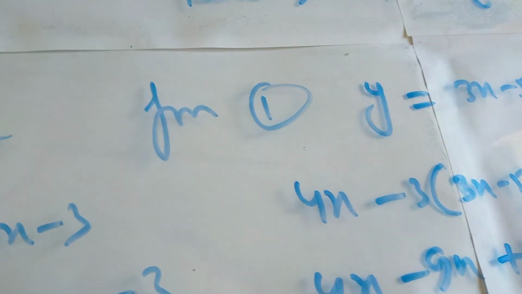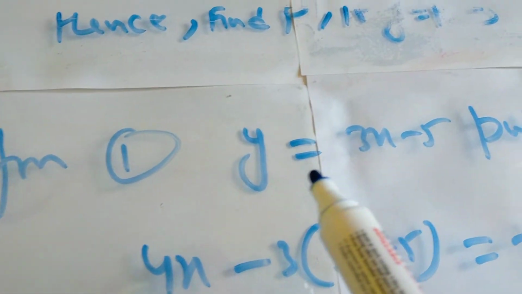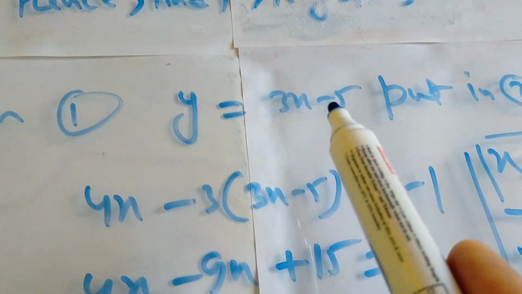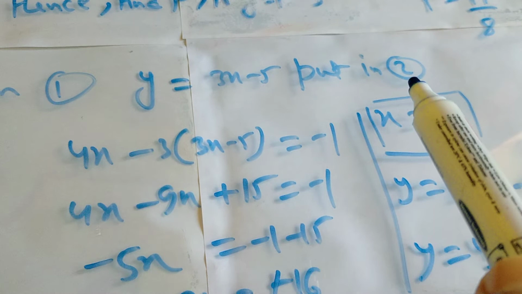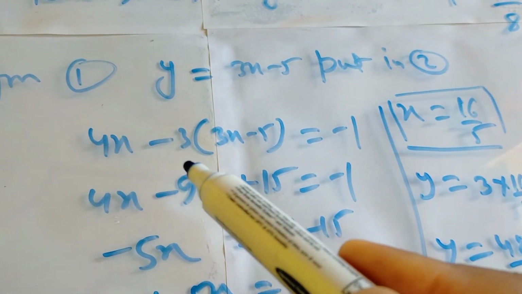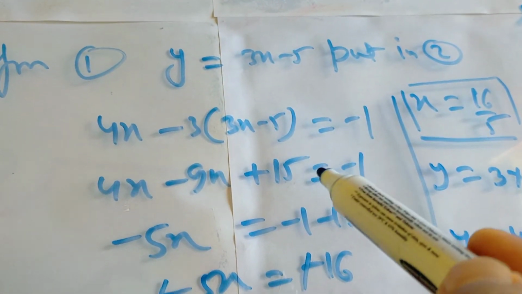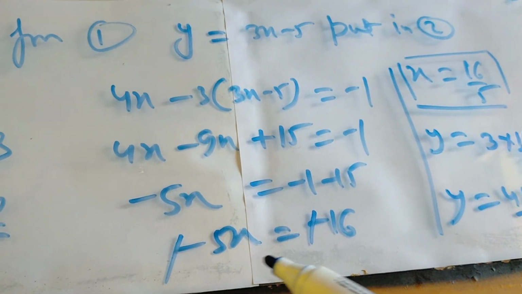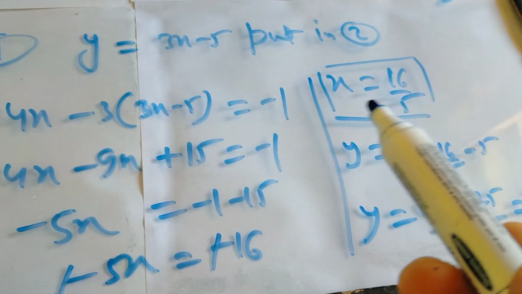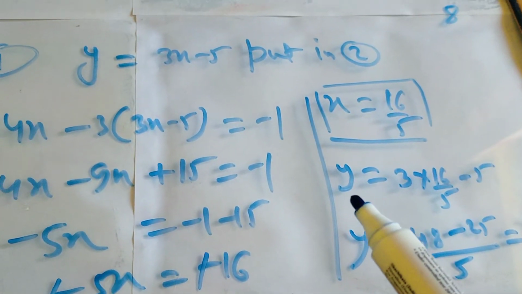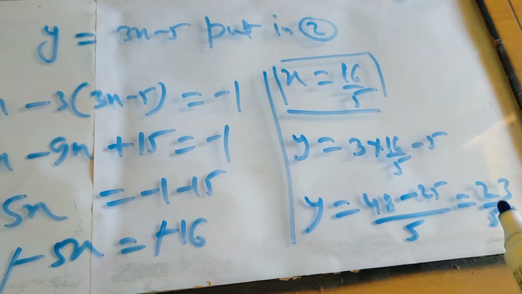So students, see once more. From the first equation we have taken y is equal to 3x minus 5 and putting it in equation number 2. So we got 4x minus 3 into 3x minus 5. From here we got 5x is equal to 16 and the value of x has come 16 upon 5. So y is equal to, we have got 23 upon 5.